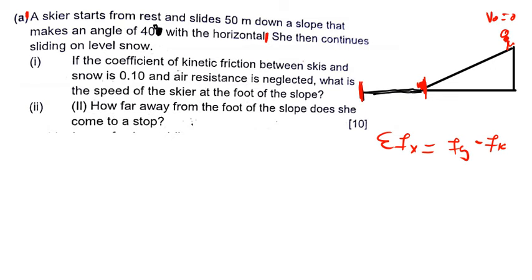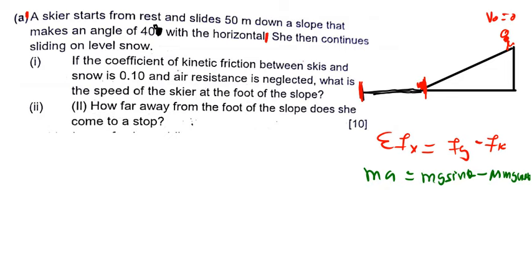So the mass times a will be equal to Fg, which we have talked about already. Fg under incline is mg sine theta, minus mu times the normal force. The normal force is mg cos theta.